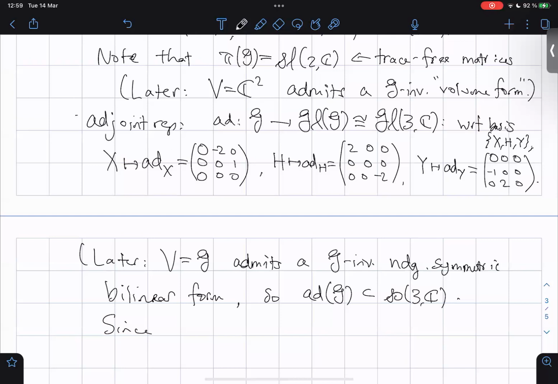G itself is three-dimensional. The map sends it to something three-dimensional here. You can show that there's no kernel, so in fact this is going to be an isomorphism.